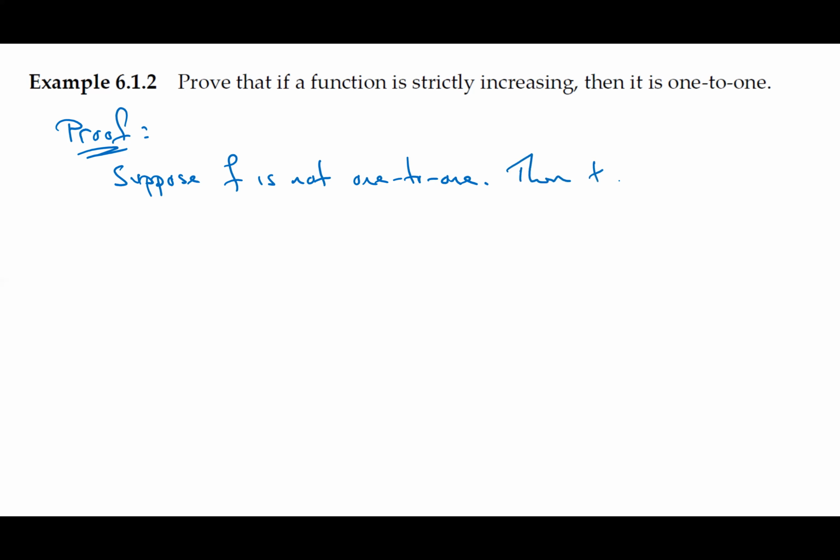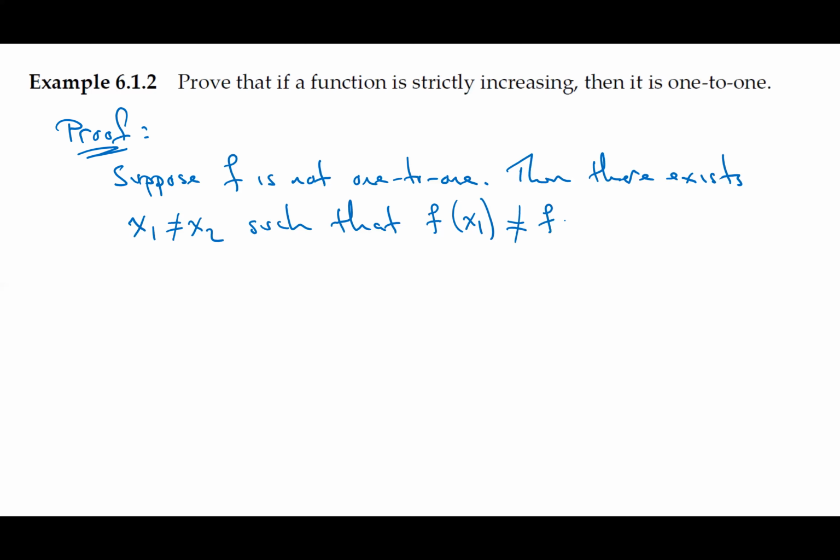Then there exist x1 and x2 unequal such that f of x1 equals f of x2. I'm sorry, I said that backwards. We're saying f is not 1 to 1, so I can find a pair of distinct x values that give me the same output.